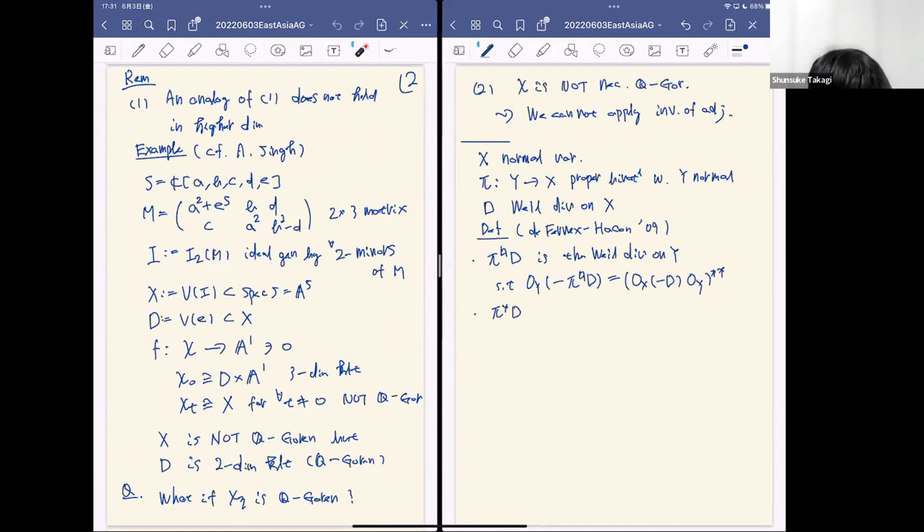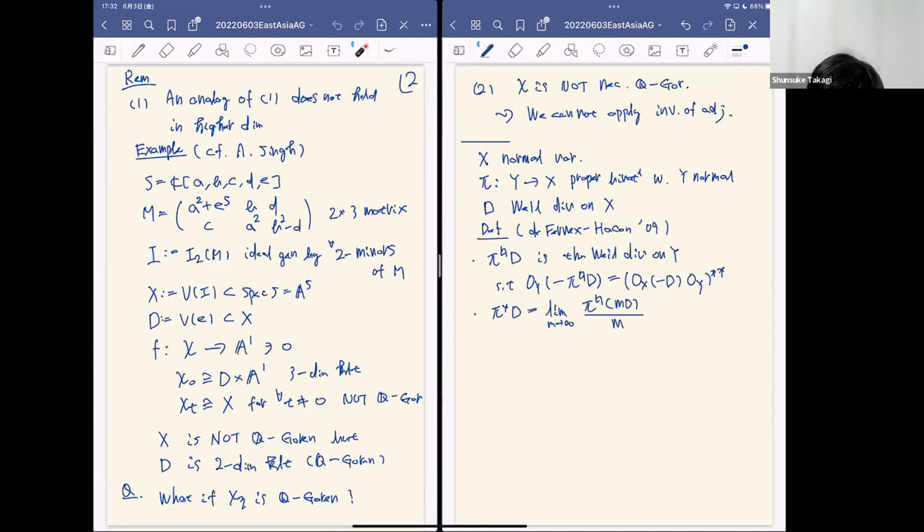Using this natural pullback, they defined the pullback of D as follows. The pullback of D is defined to be the limit, as m goes to infinity, of the natural pullback of mD divided by m.